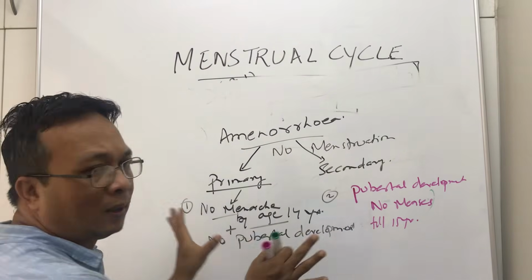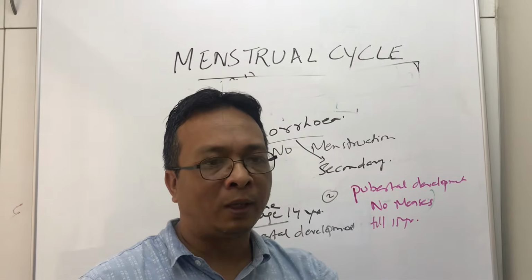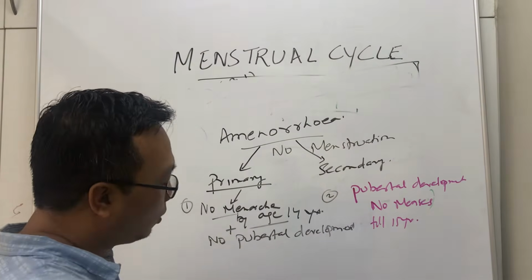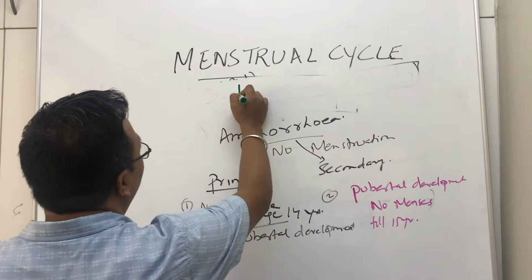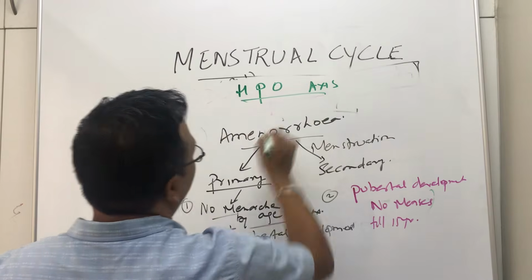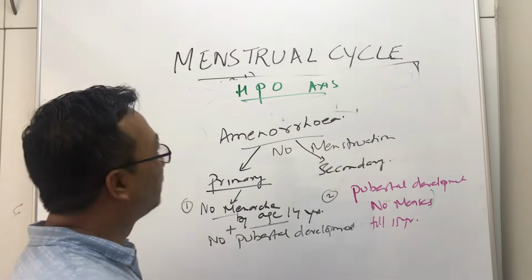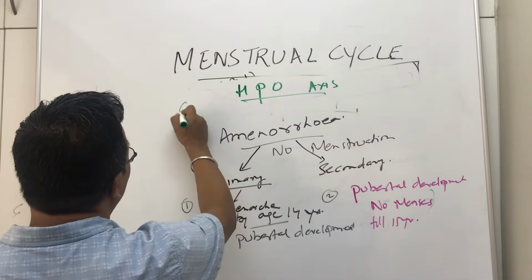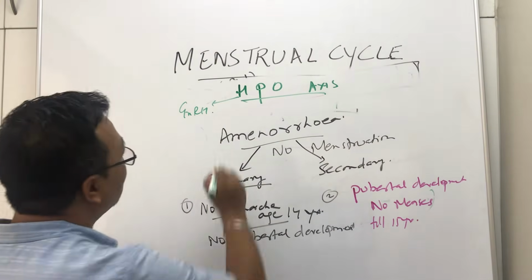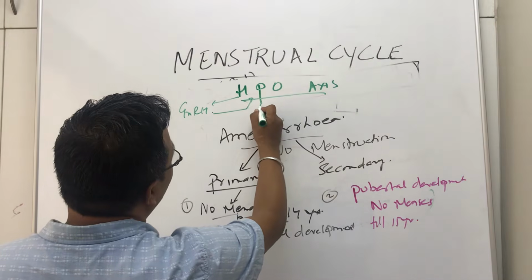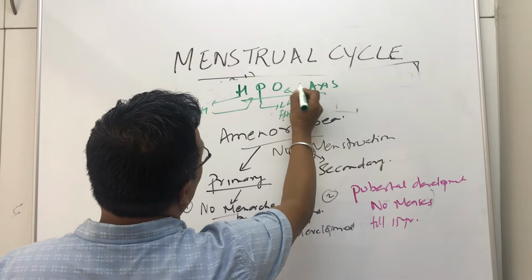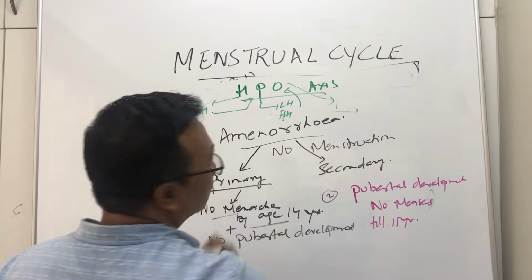Now how does it result in amenorrhea? Okay, we'll understand this now. To understand this, you have to know one thing, that is the HPO axis. We already discussed it many times. The hypothalamus releases gonadotropin-releasing hormone. It will stimulate the pituitary gland to secrete LH and FSH, which stimulate the ovaries to secrete what?